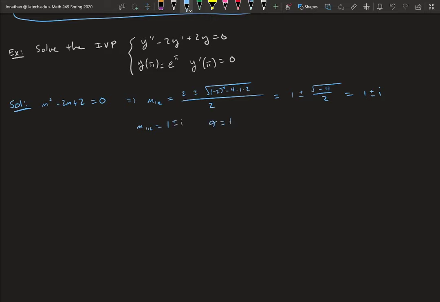So alpha is 1, beta is also 1. So our solution y sub h of t is going to equal, I'll write it as, e to the t times c1 cosine t plus c2 sine t. So that's our solution, but we want to plug in the initial conditions to solve for c1, c2.